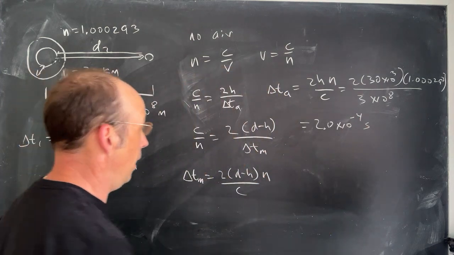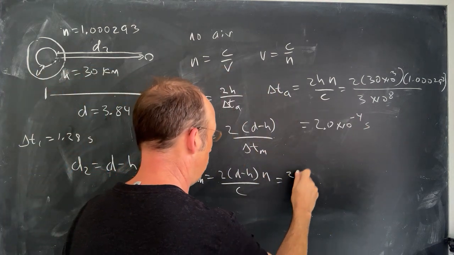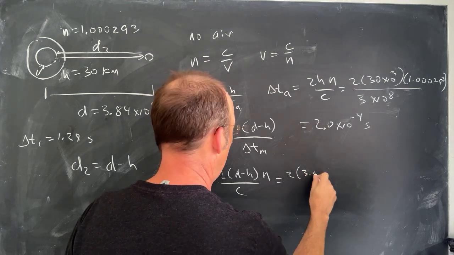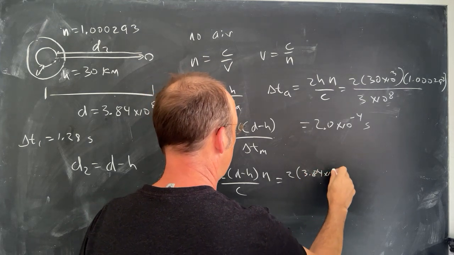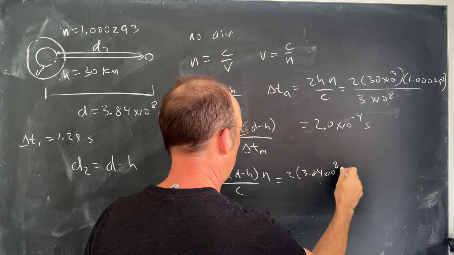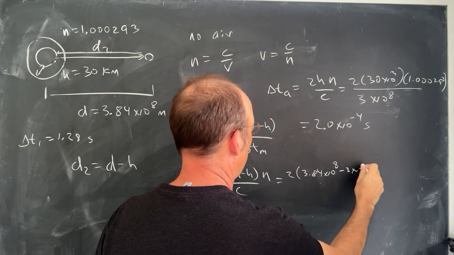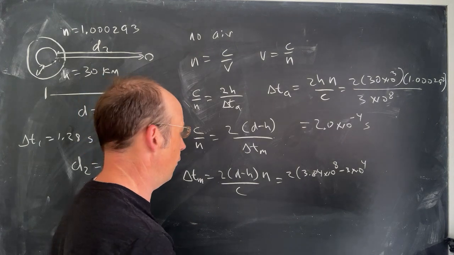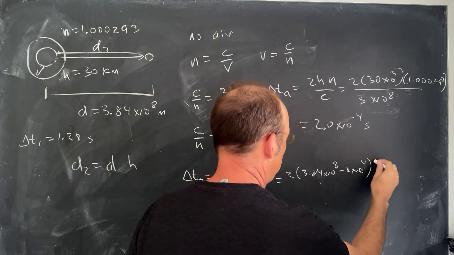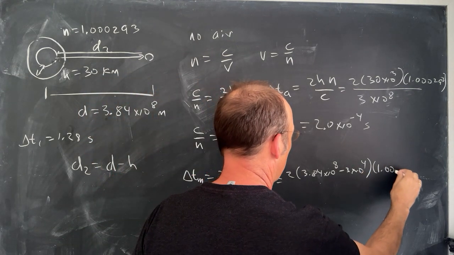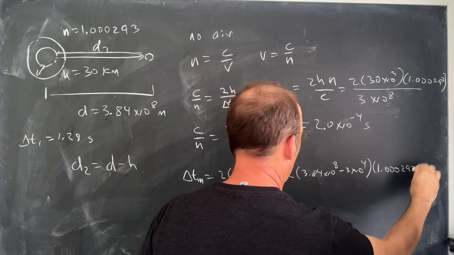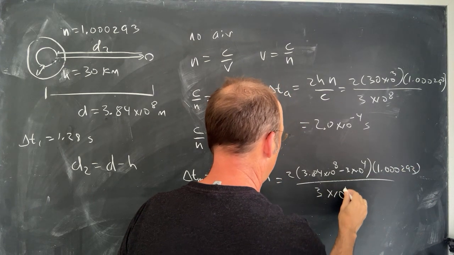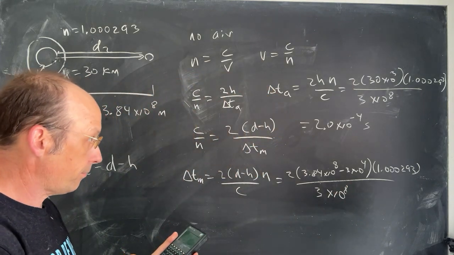Now for this other time, I get 2 times 3.84 times 10 to the 8th minus 3 times 10 to the 4th, right? 30 times 10 to the third is 3 times 10 to the 4th, times the index of refraction, 1.000293, divided by the speed of light, 3 times 10 to the 8th. Okay, let's do that.